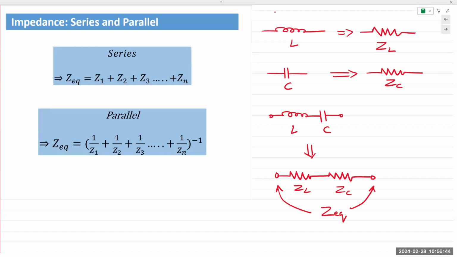Okay, so we cannot combine inductors and capacitors as they are because they are two different components. But the impedances, yes, we can combine those. So ZEQ in this case would simply be ZL plus ZC.